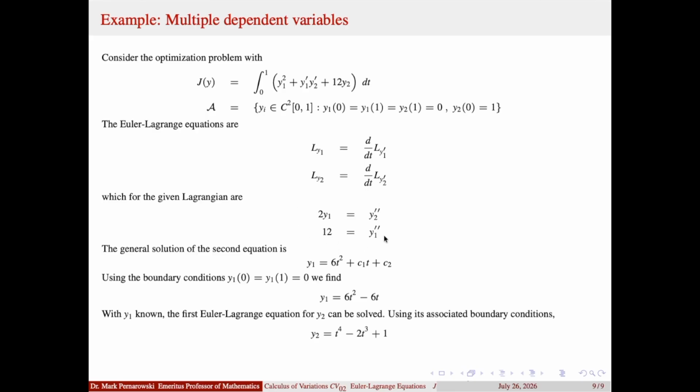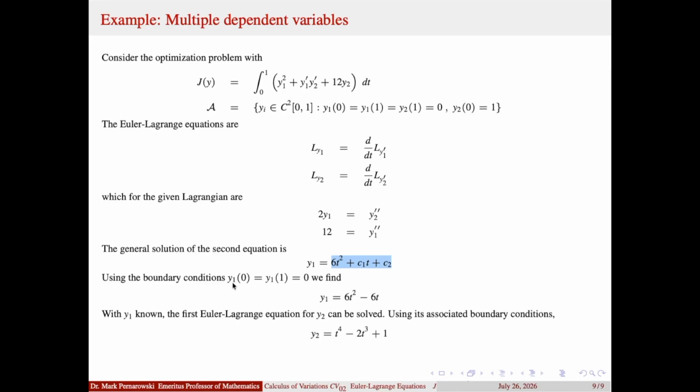I would look at this, and what I would do is I would take the second equation here, and I'd say I don't even need to know what y2 is. I just integrate that twice, and I get this expression here. So the second equation alone tells me that y1 is 6t squared plus c1t plus c2.